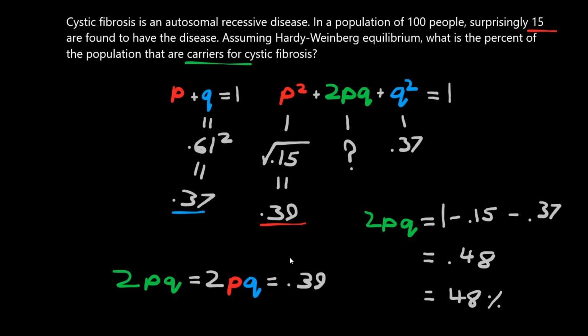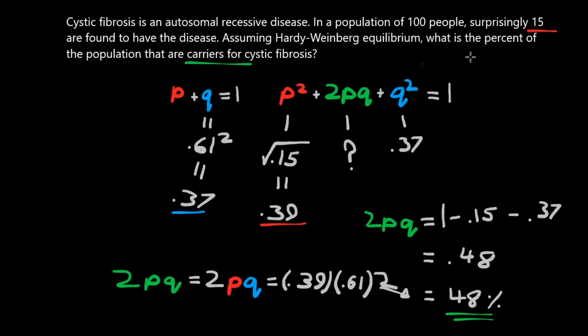So 0.39 for p and 0.61 for q. And you just get the same answer like that. Except remember to multiply by 2. And that's your final answer there.